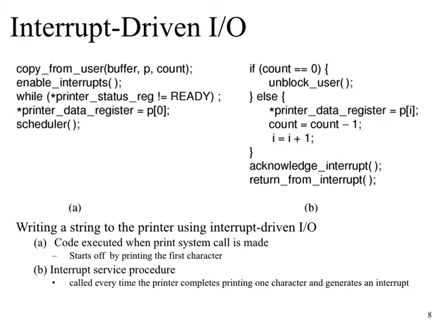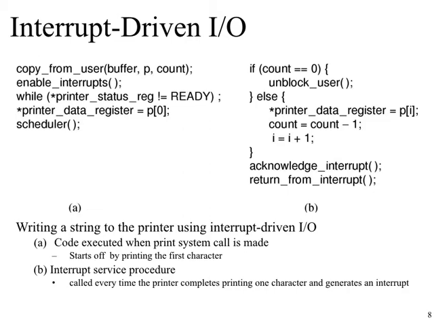So whenever the device controller for the printer has completed writing a byte of data and decides that it is ready to receive, it would issue an interrupt to the processor. At that point, the interrupt service handler would be called by the processor, which would then check if all the bytes have been written.